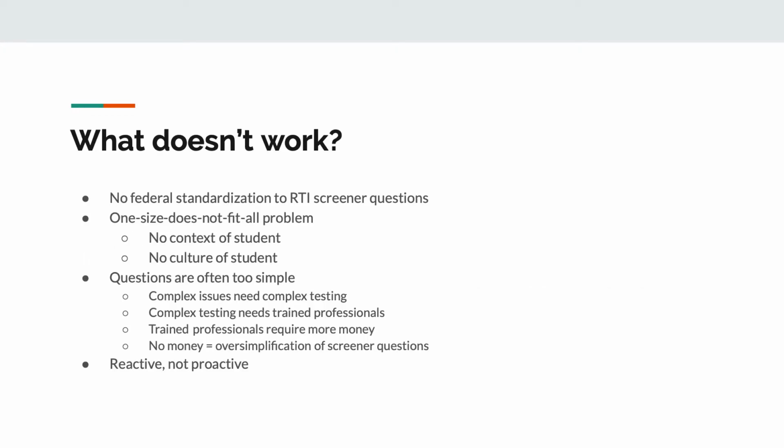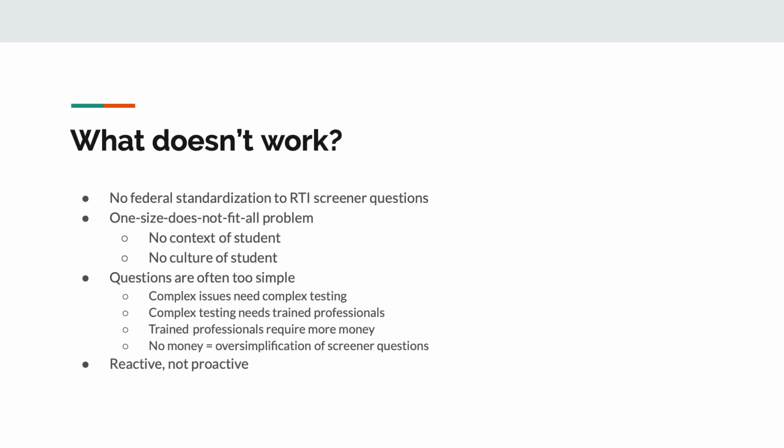So what doesn't work? One of the biggest things here is that there's no federal standardization for the screener questions that are used in response to intervention to identify if a student needs any sort of intervention. And that makes it difficult because it is a one-size-does-not-fit-all problem. With RTI, you typically get questions that aren't very broad.